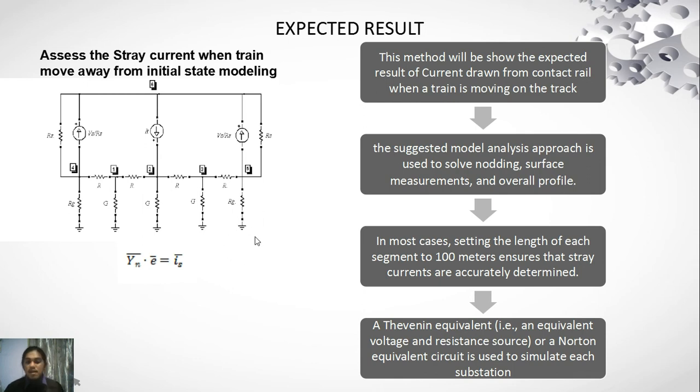In this method, the line is divided into sections with equal length, and each section is modeled with a rail to ground resistor and conductance. Okay, this is the rail to ground resistance, R_G to ground, G to ground, and then the length of each section divided is equal.